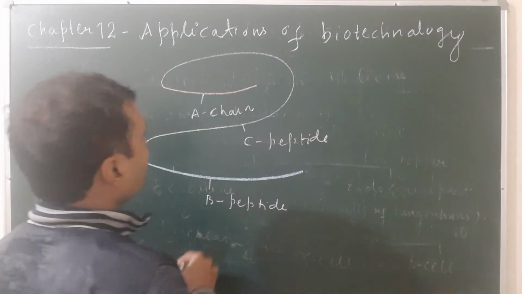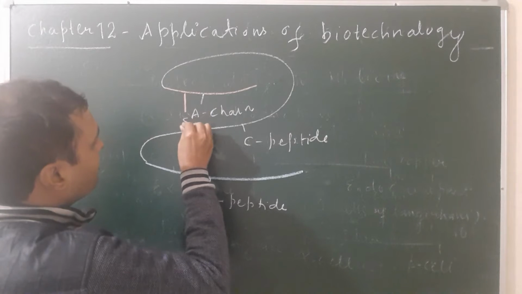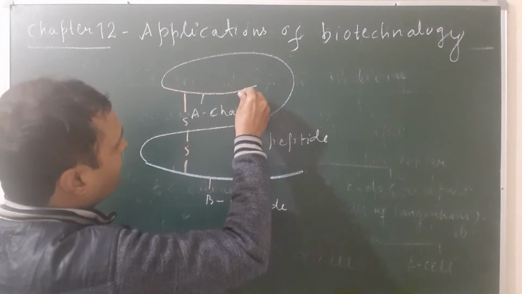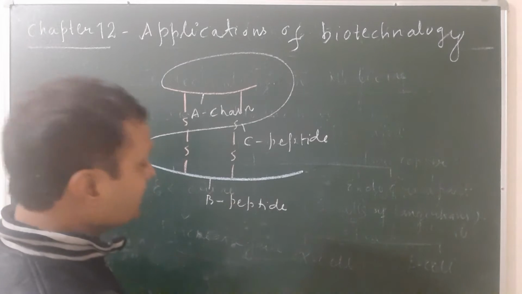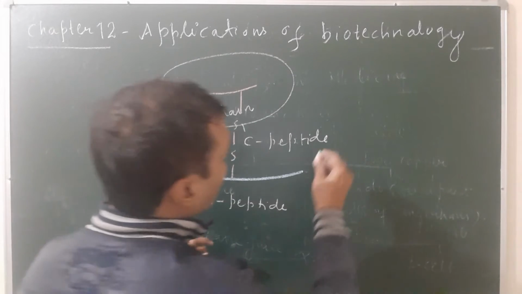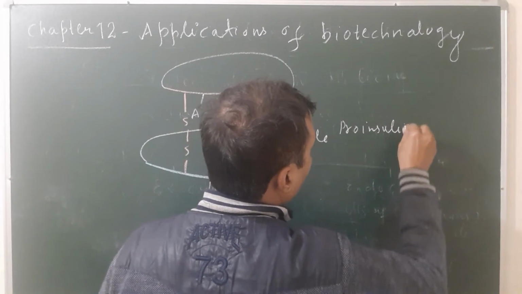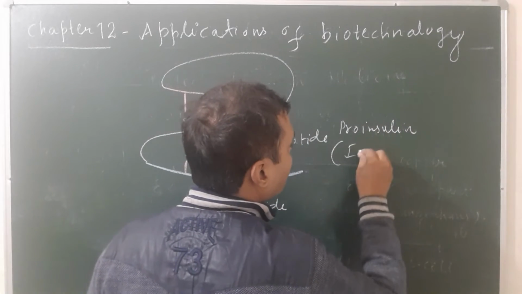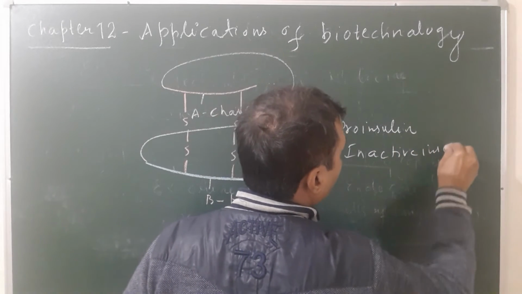A and B are held by a special type of bond in proteins known as the disulfide bond. This form of insulin is known as proinsulin, or inactive or immature insulin.